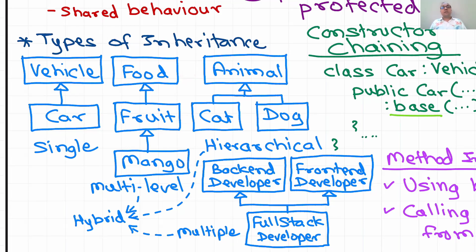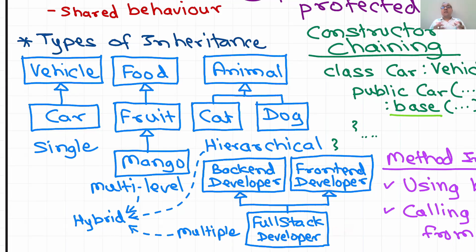That is called multi-level inheritance, where we have multiple levels of inheritance. Then another example is hierarchical inheritance, where we have one base class and then multiple derived classes. Here you see that cat, dog, or other animal classes are inherited from a single base class animal. And then there is a special case called multiple inheritance, where we can have multiple base classes and a single derived class.